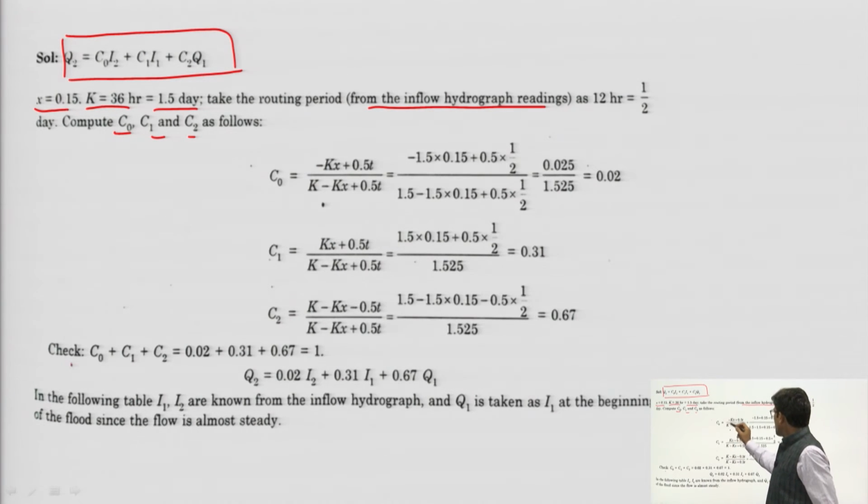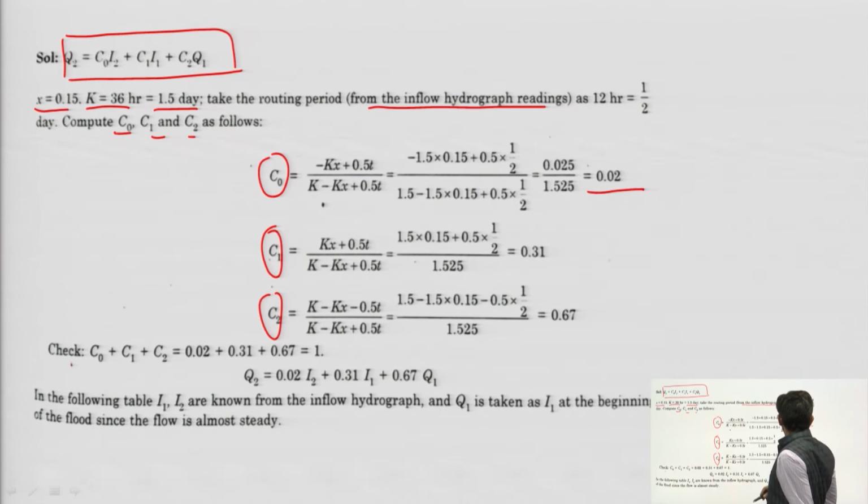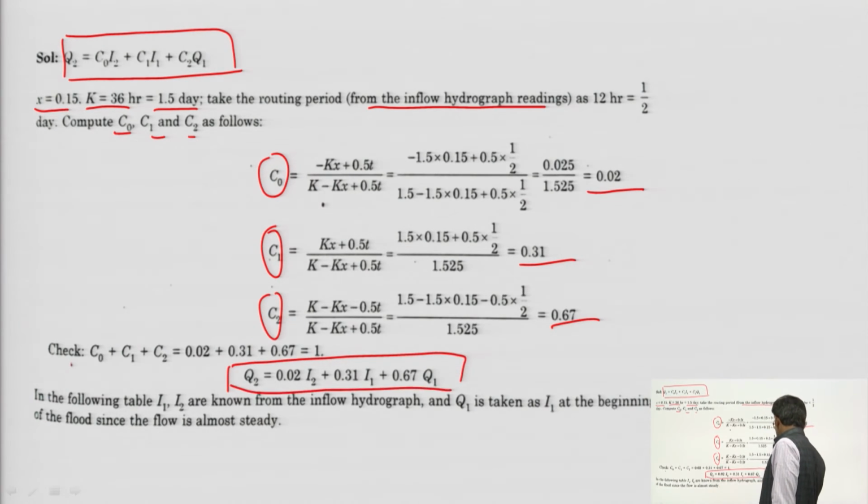By putting the values, we determine C0, C1, C2 as 0.02, 0.31, 0.67, and the summation is 1. It means our calculation is right. Now the value of Q2.